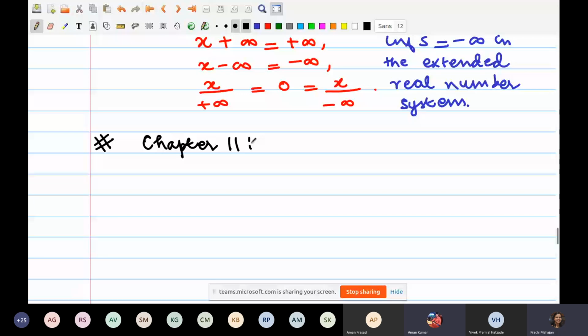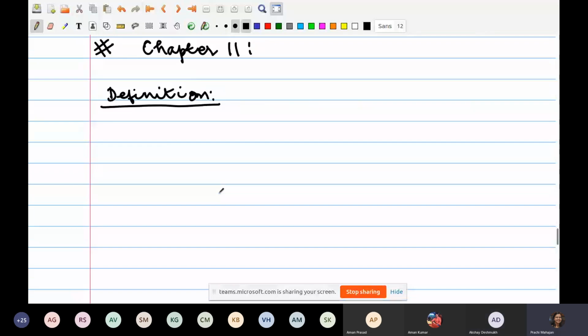So let's see. Chapter 11, and the first thing that I want to say is a metric. So this is the definition. So what is a metric? Just like, you have the real line and you give me 2 points on the real line, and I can tell you the distance between these 2 points. Call these points x and y.